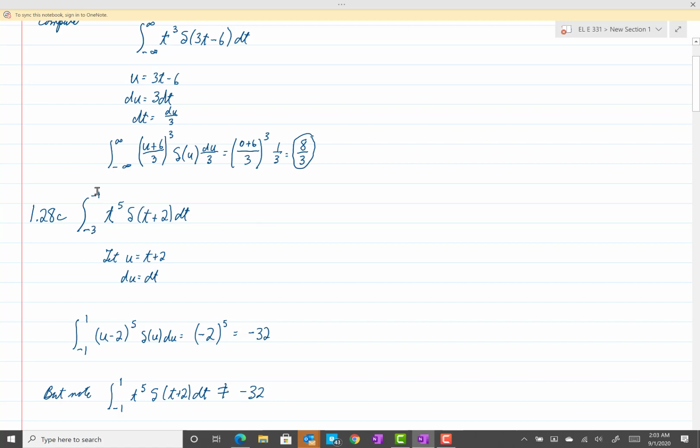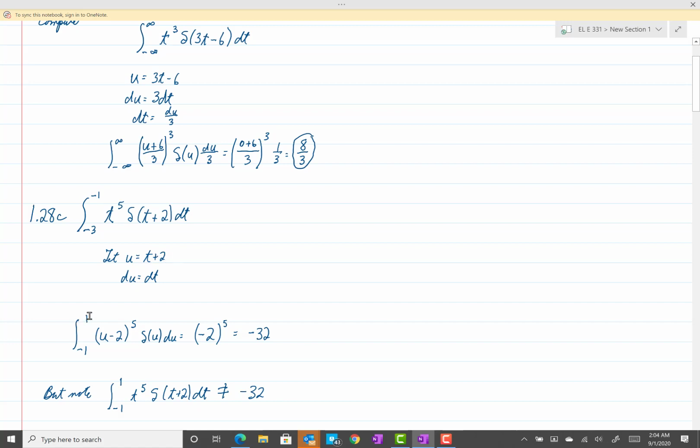Now let's be careful with these limits. When t is equal to -3, remember u is equal to t plus 2, so u will be -1. So the lower limit on the integral becomes -1. On the other hand, when t is equal to -1, the upper limit, then u will be -1 plus 2, or +1.